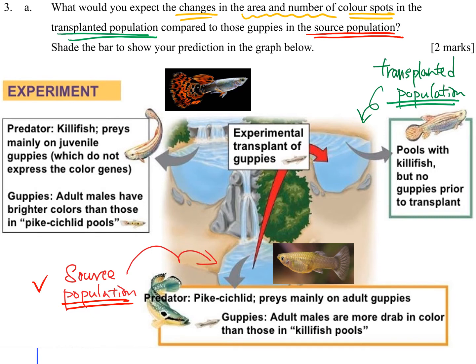In the source population, when the predator is the pike cichlid, all the guppies look drab, not colorful. However, when the predator is the killifish, all the guppies are colorful with bright color.